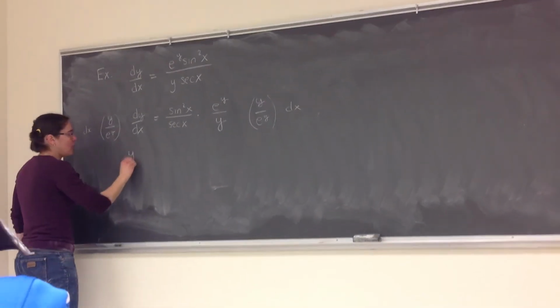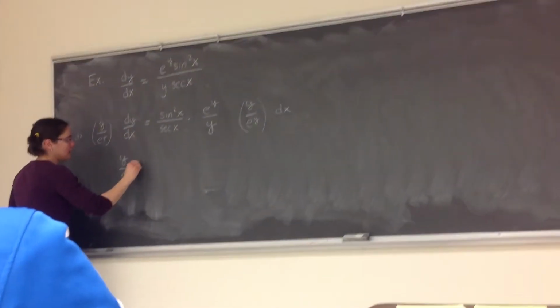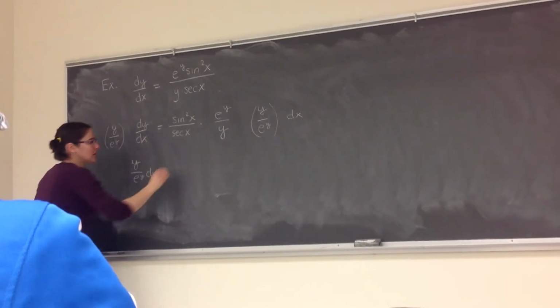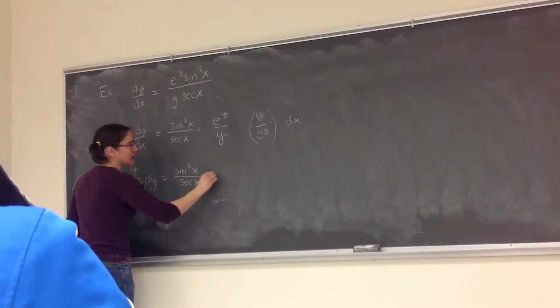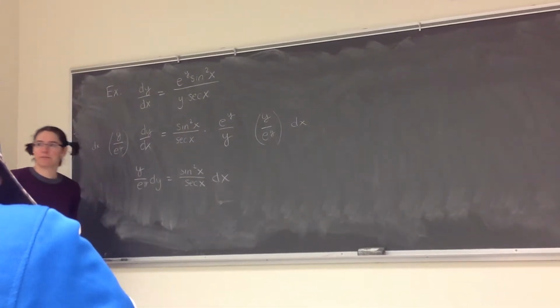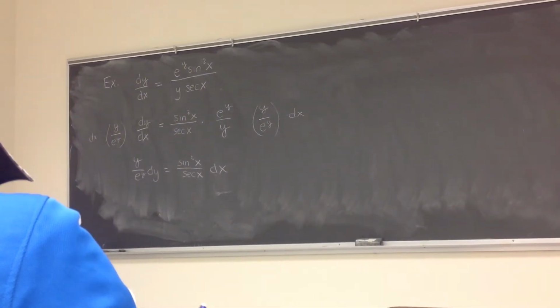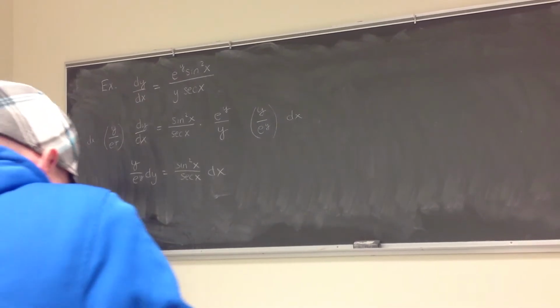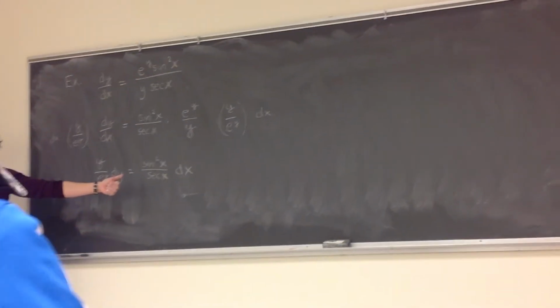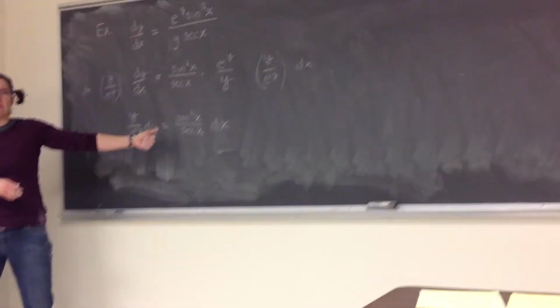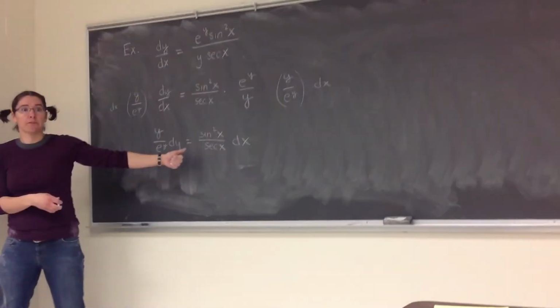And so I've got y over e to the y dy is equal to sine squared x over secant x times dx. Okay, all my y's are on the left, all my x's are on the right. Any questions about that? A lot of algebra goes into these separable equations questions.